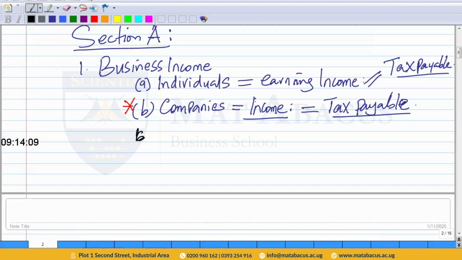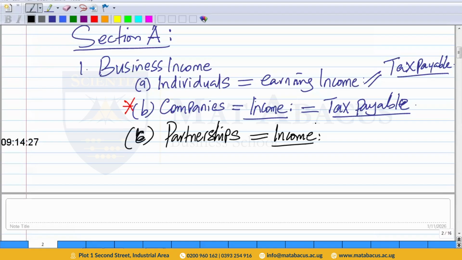Then the next one is taxation of partnerships. Partnerships have partnership income, so how do we get the tax payable?